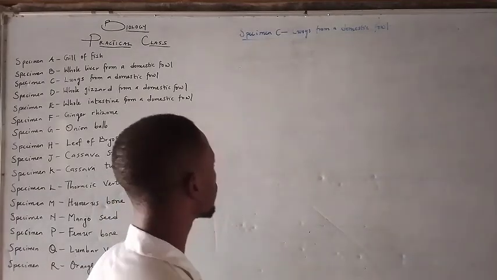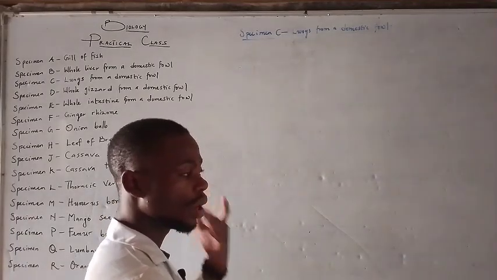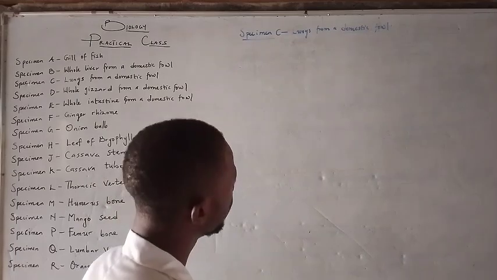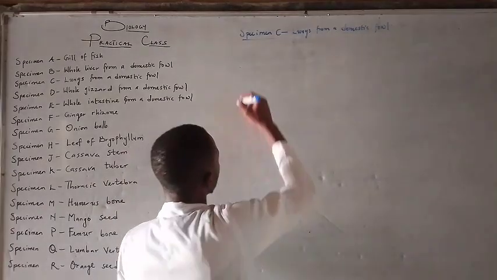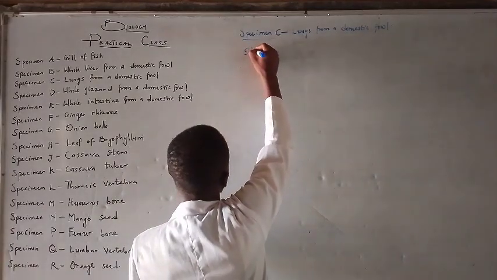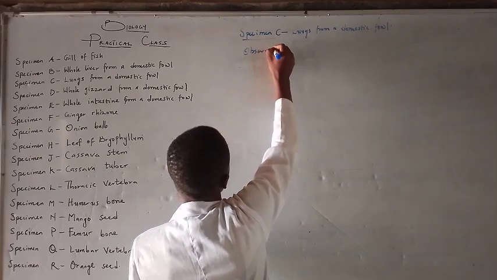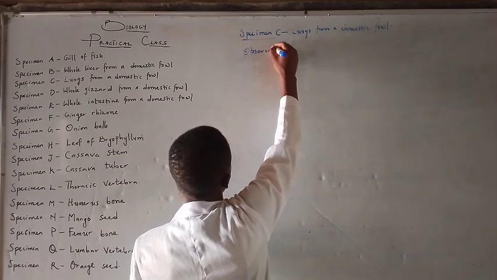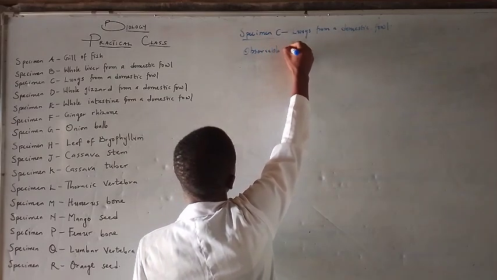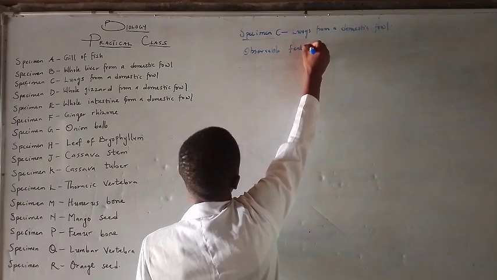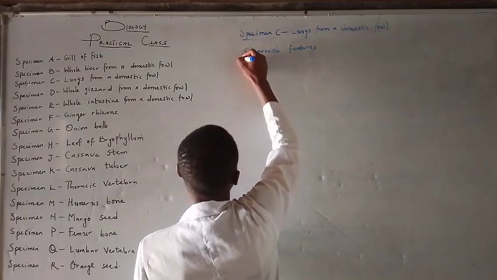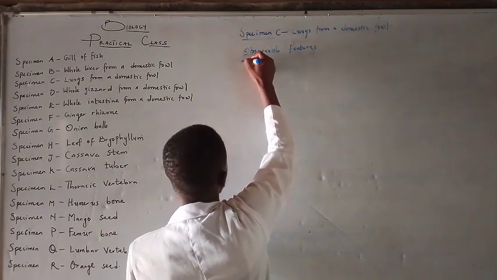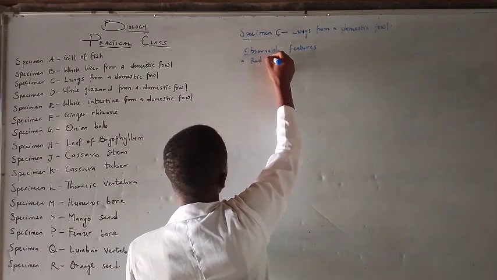So we are going to move to observable features of lungs from domestic fowl. What are the observable features? The first one is red in color.